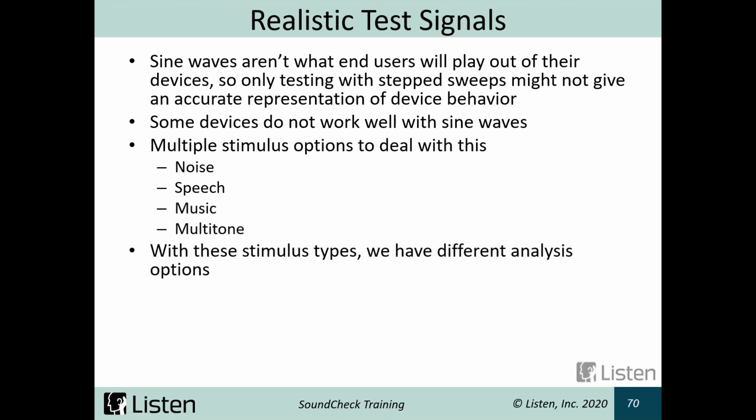But remember that Harmonictrak, for example, requires a step sine sweep, and TSR requires a log sweep. Some things are very specific. The analysis won't work with everything. So with these realistic types of test signals, the analyses that are most commonly used would be FFT, RTA, transfer function, and multitone.